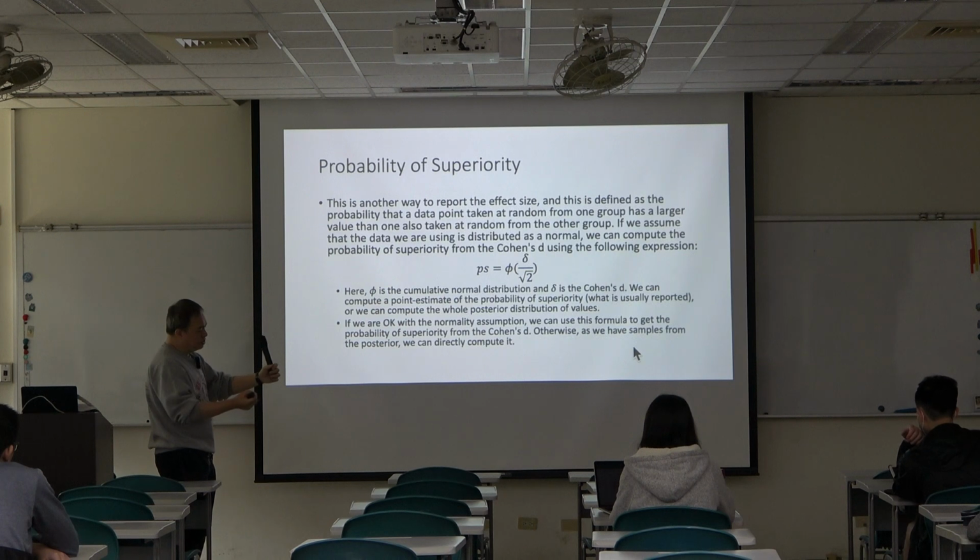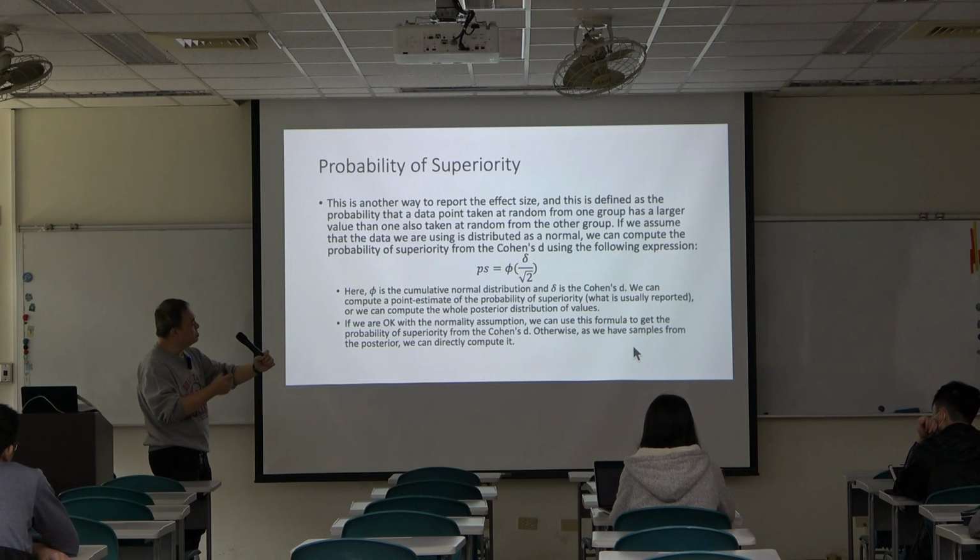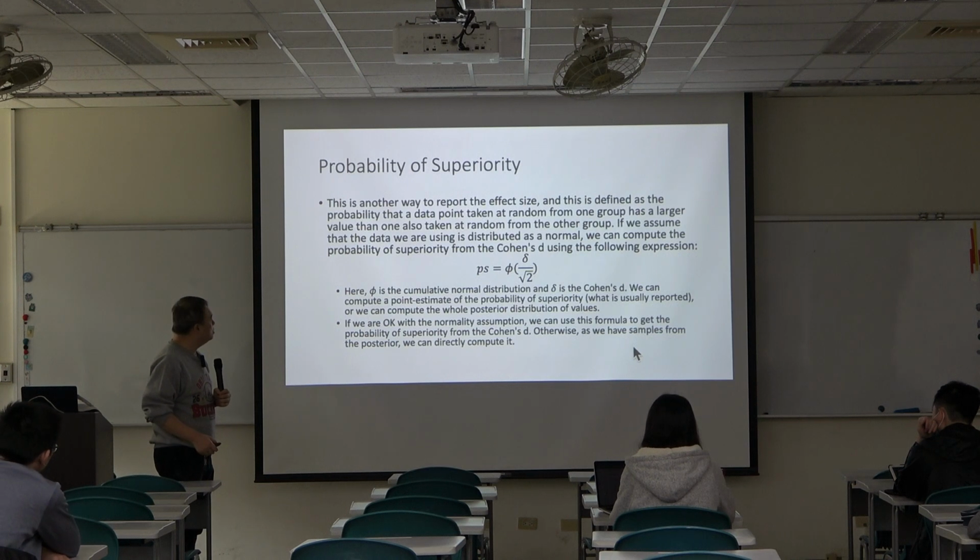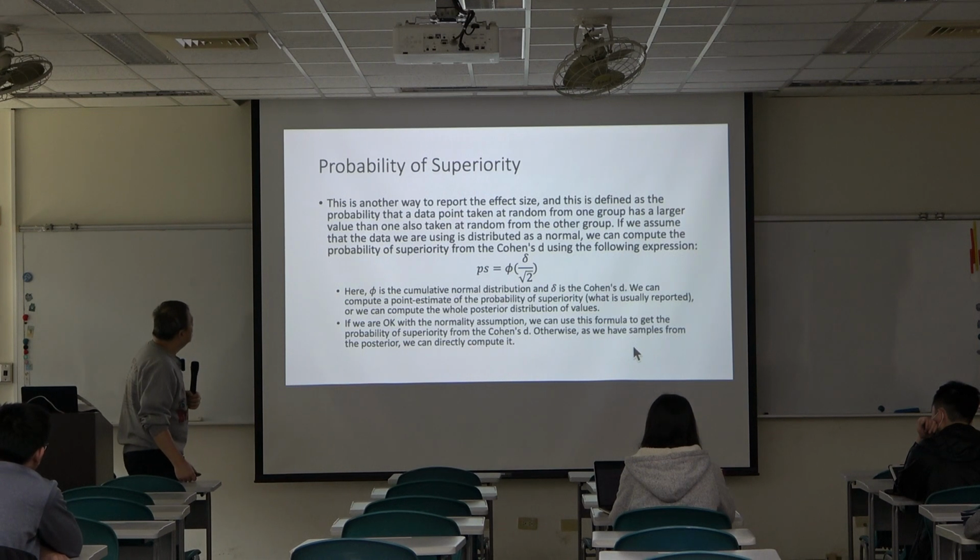So you just randomly take a value from each of the two groups and compare them. That's the probability of superiority.